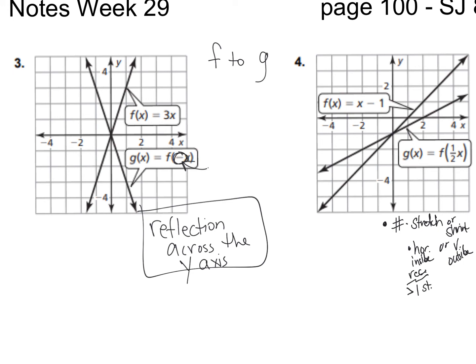If it's less than 1, then it's a shrink. And if it's on the outside, if it's greater than 1, then it's a stretch. If it's less than 1, it's a shrink.